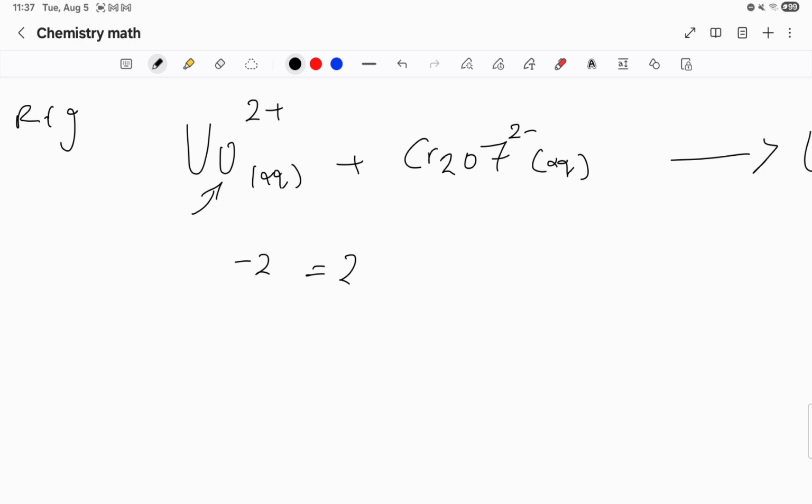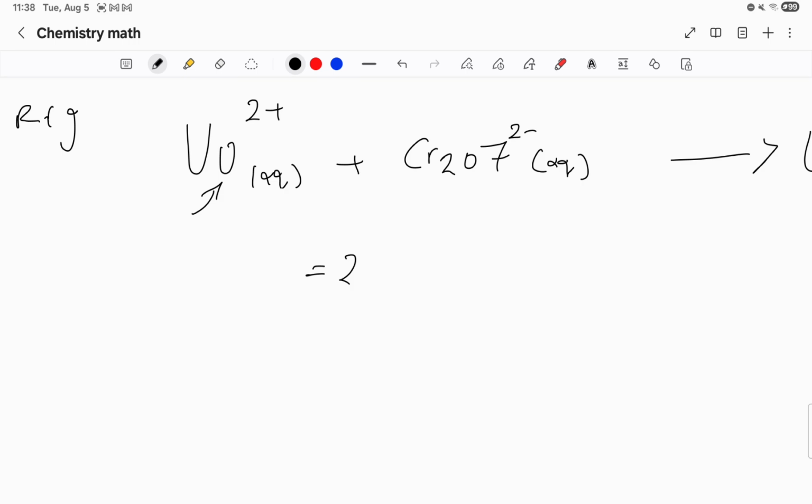When we're talking about peroxides, oxygen's oxidation number is -1. Now, it's important to understand that the oxidation number is not a real number. It's like a hypothetical kind of charge, if you will. It's not real.